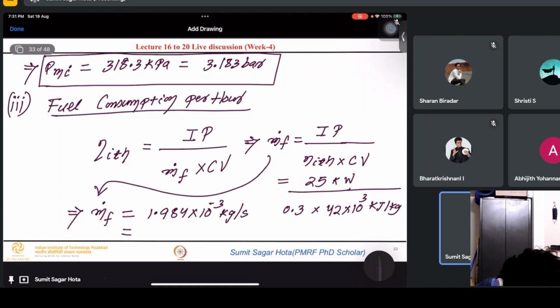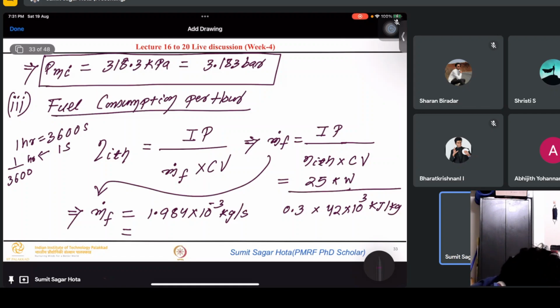Okay, just do it. 1 hour is 3600 seconds, then 1 second is 1 by 3600 hour.